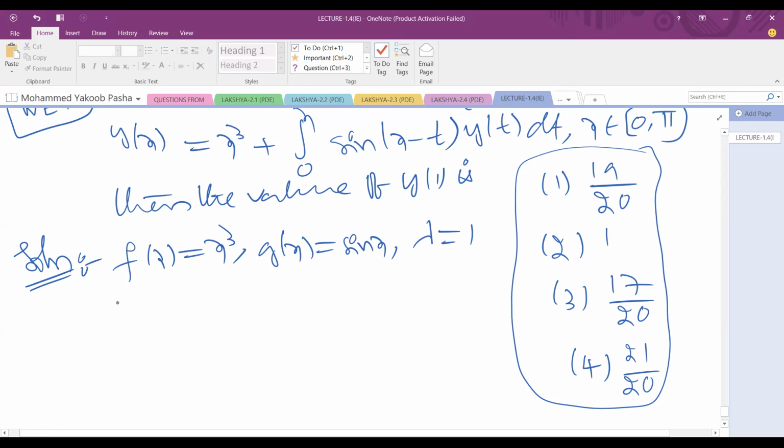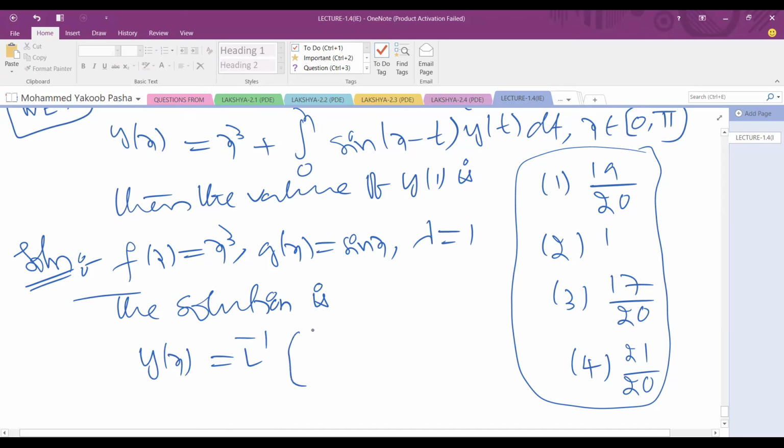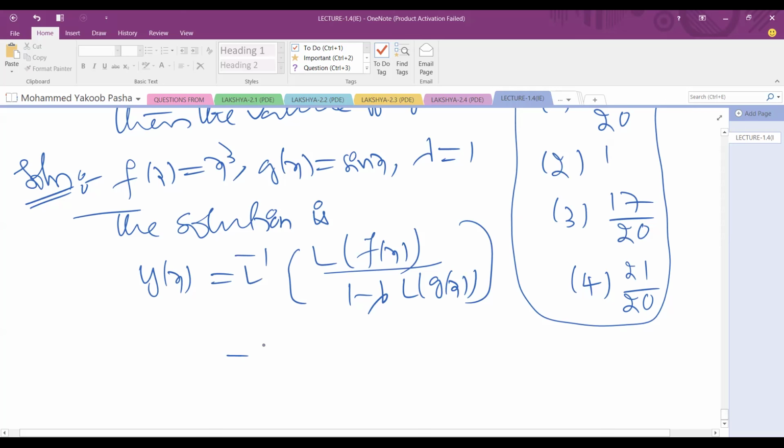So the solution, y of x is inverse Laplacian of Laplacian of f of x divided by 1 minus lambda into Laplacian of g of x. Now substitute all the values here.